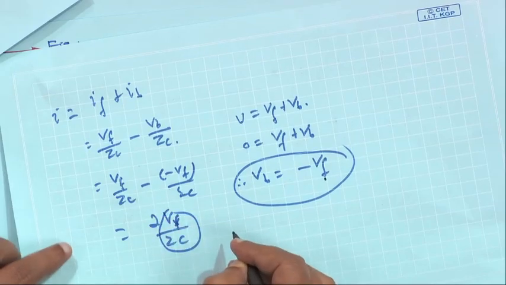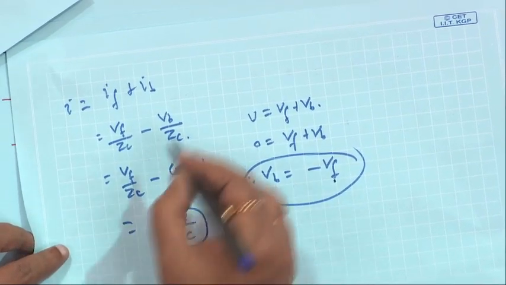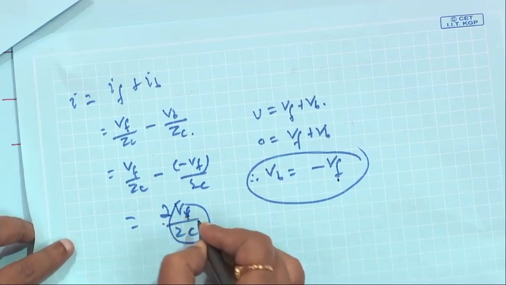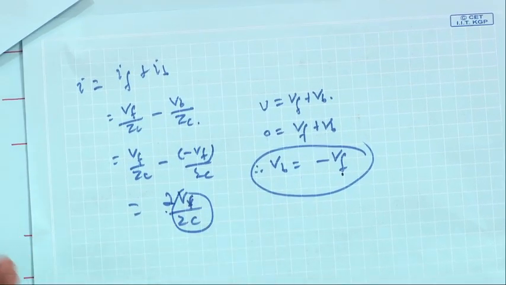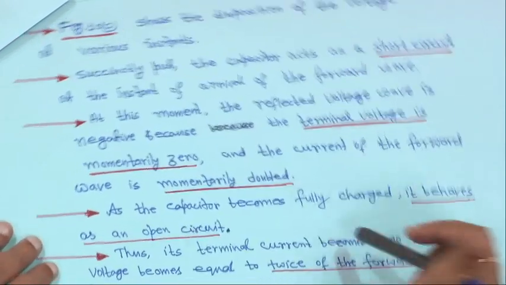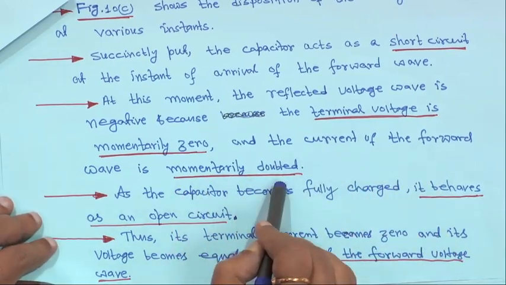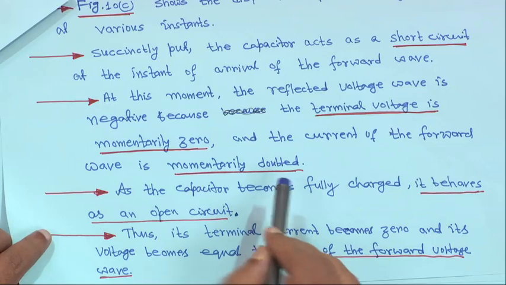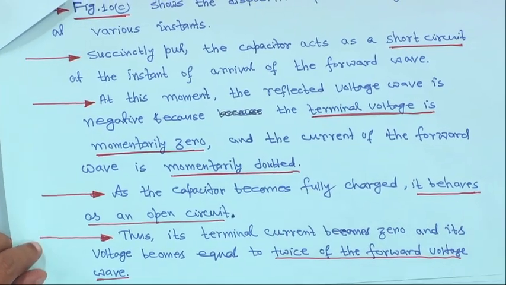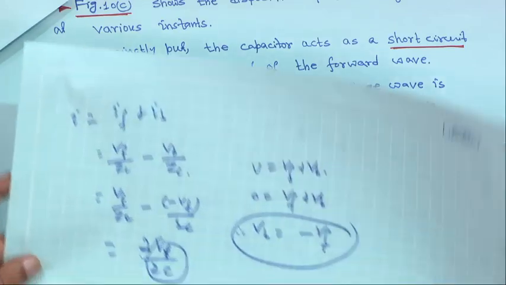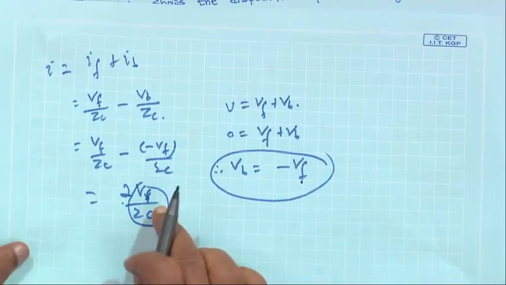Therefore, I F, the forward wave current, is equal to V F upon Z C, but at that moment it will be 2 into V F upon Z C. So, momentarily the voltage is 0, but the current of the forward wave is doubled.